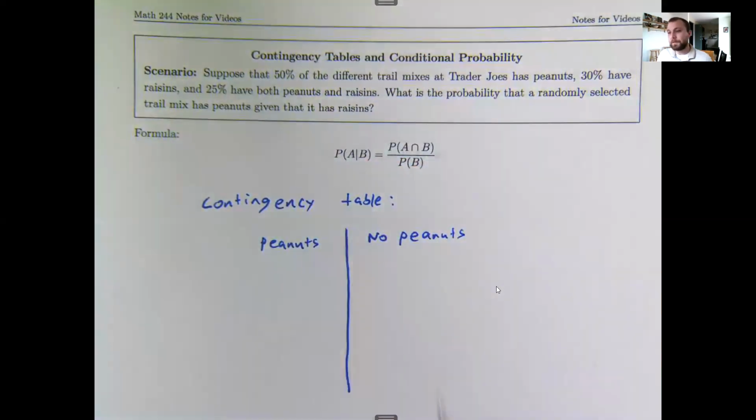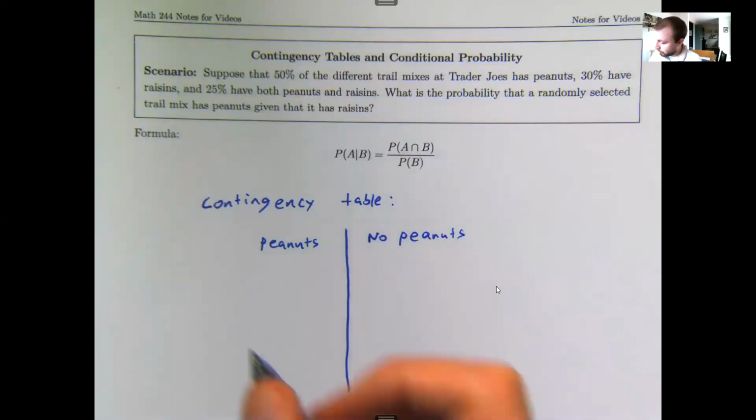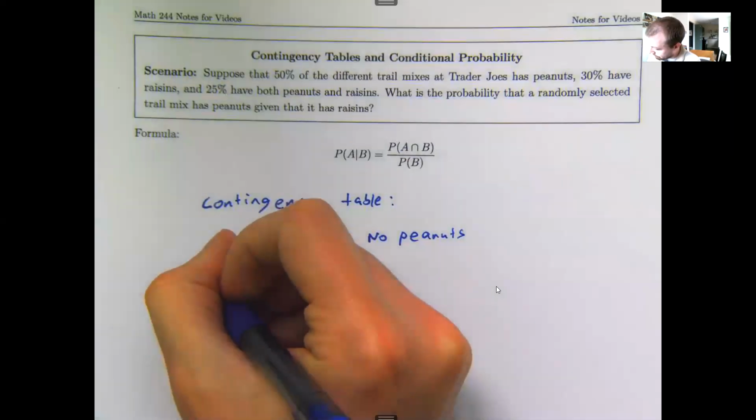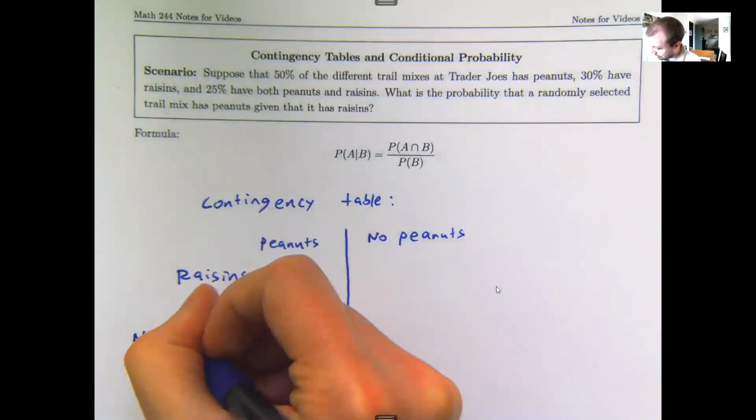So even if some of these values in this column are blank, I have one of those variables and the complement of that variable. On the other side, I'm going to put raisins and no raisins.